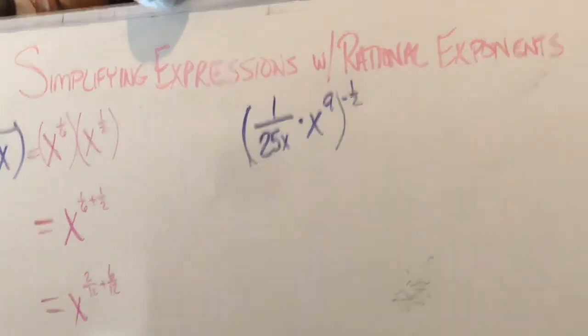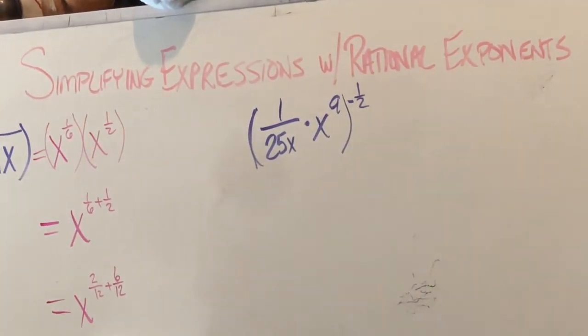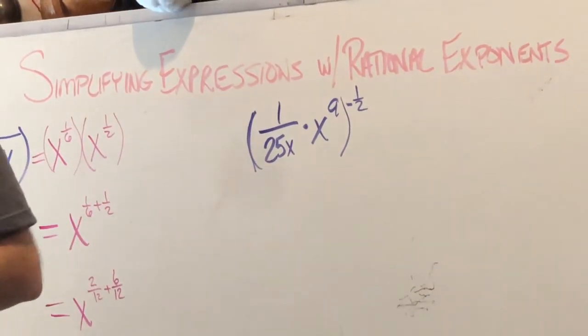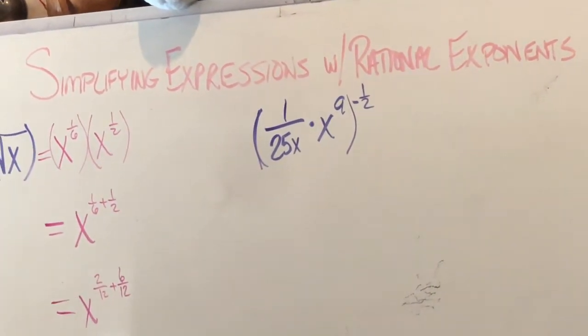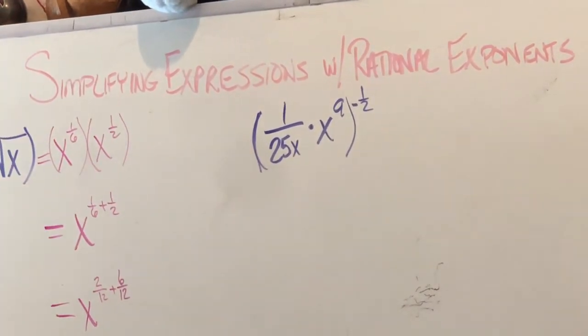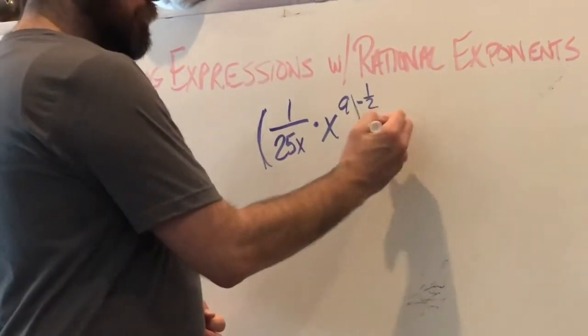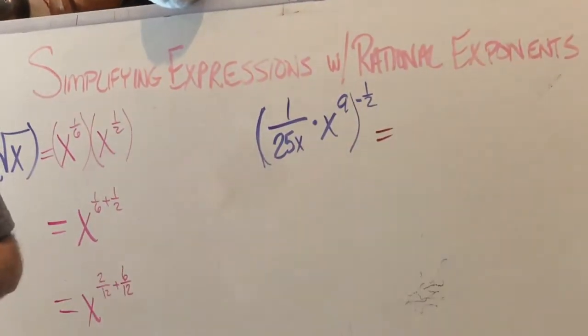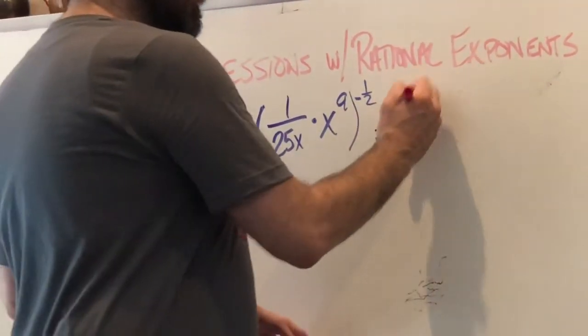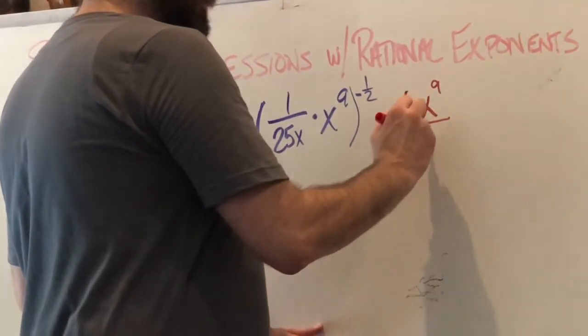We could take care of the negative exponent first. We could simplify inside our parentheses first. To me, it's easier to work inside the parentheses, because if I multiply 1 over 25x times x to the 9th power, we combine that into x to the 9th power over 25x.